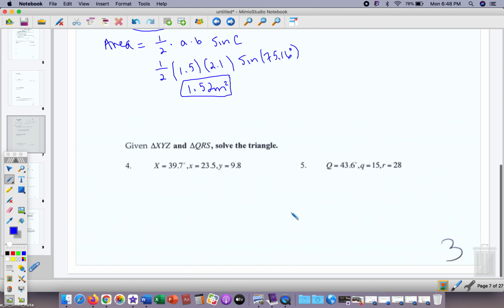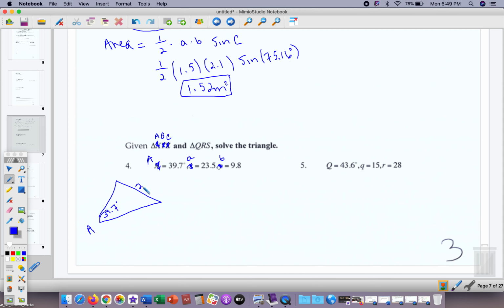Last 2. Given the following, solve these. So I'm going to pretend that this is A, and then that this is little a, and if x was A, I'll say that is A, B, C. So if it said x, y, z, then this would have to be little b. So A is 39.7 degrees.